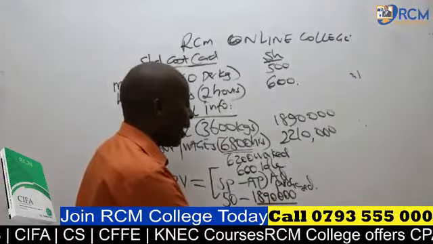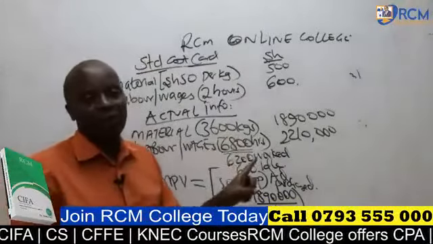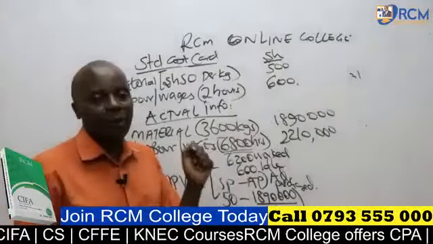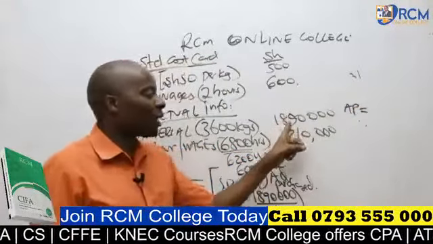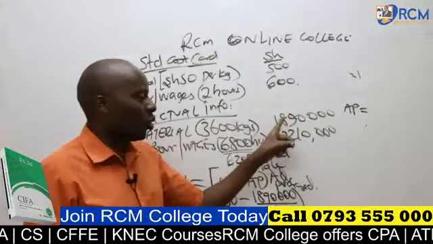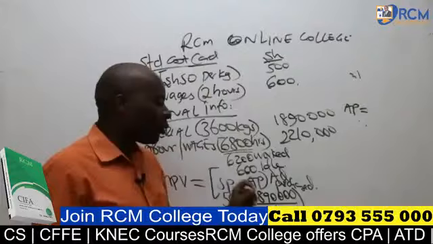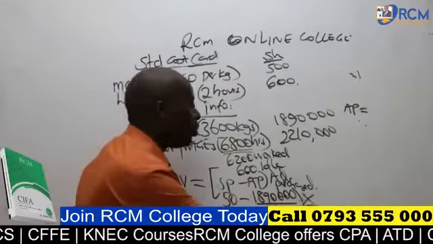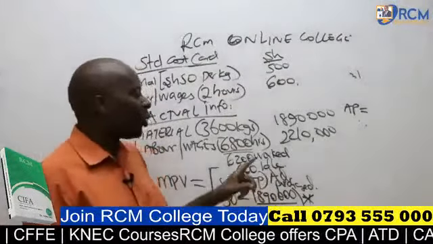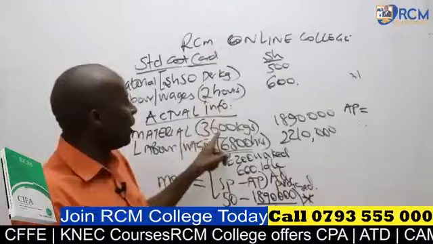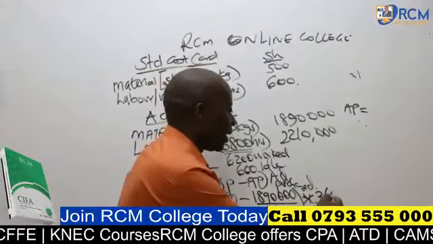I'm interested in cost per kilogram, so the actual price per kilogram will be the total actual cost divided by the actual number of kilograms. Outside here, we have the actual quantity, the actual number of kilograms, which we can see from the actual information: we purchased 3,600.